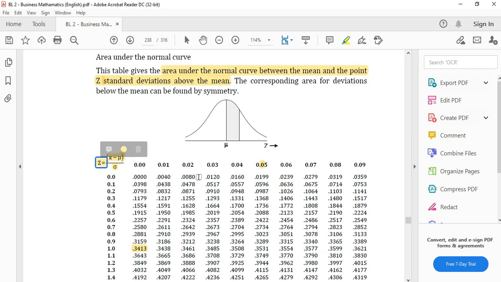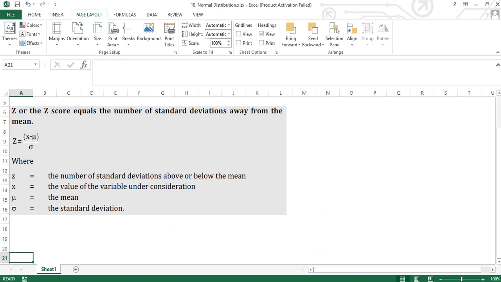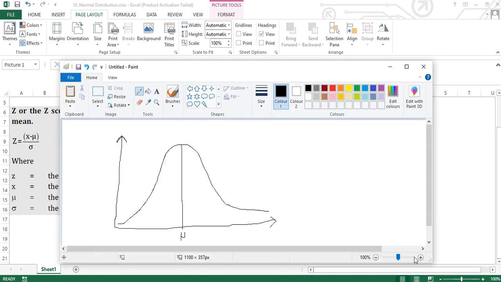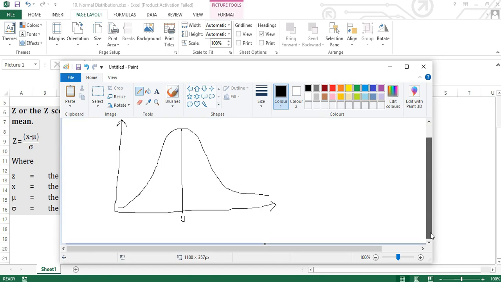I'll explain how this table is used. But basically, the z-score is the number of standard deviations, that means how many standard deviations it is from the mean.